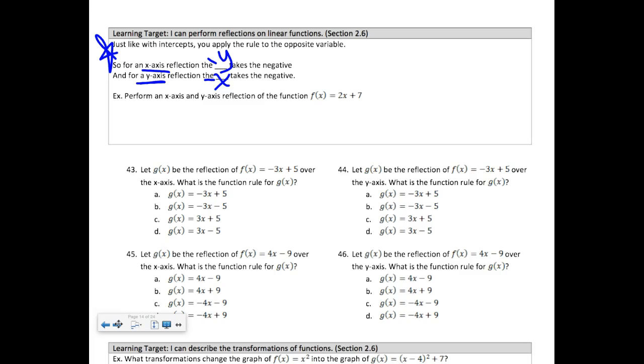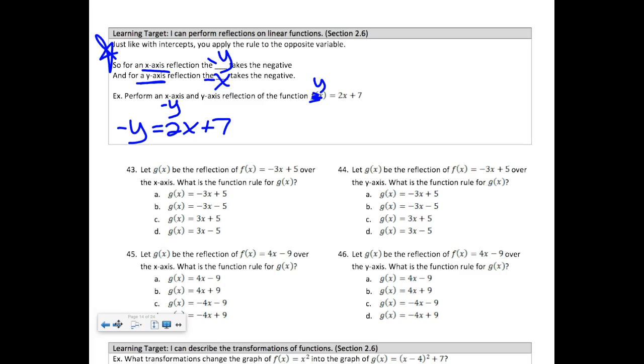Okay, so if I'm doing an x-axis reflection, I'm just going to write this again just to make myself remember. I'm going to take my equation here and change this to a y, just to help us out. Then I'm going to set my y to a negative. This looks ridiculous.